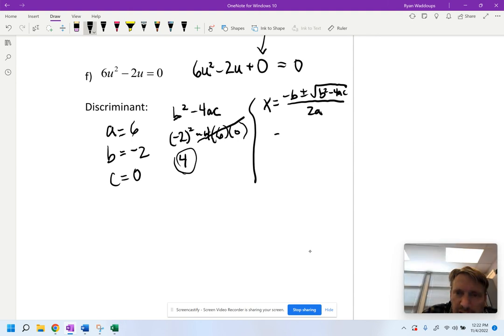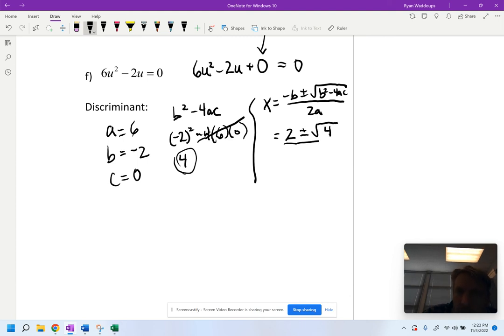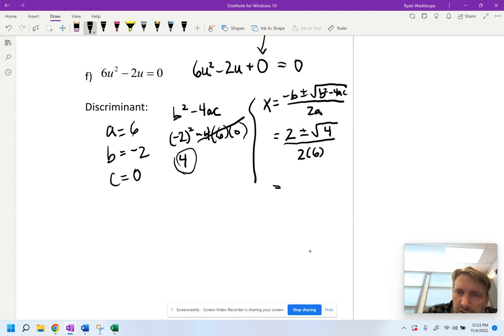And the opposite of b, negative b, is positive 2 this time, because the negative of negative 2 is positive 2, plus or minus the square root of the discriminant, which is 4, all over 2 times a, and a is 6. So what do I get? I get 2 plus or minus the square root of 4, which is 2, all over 12.